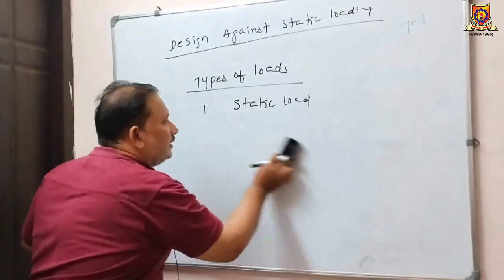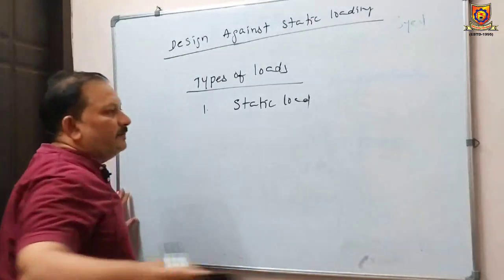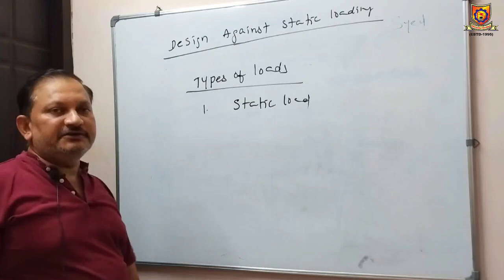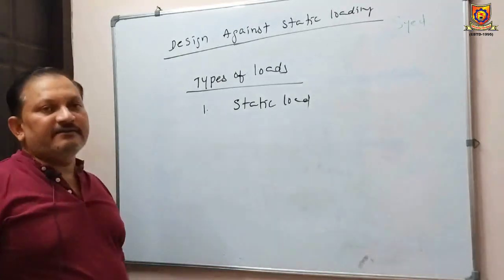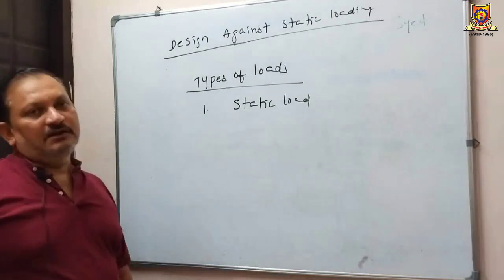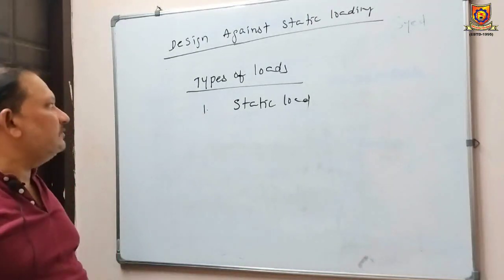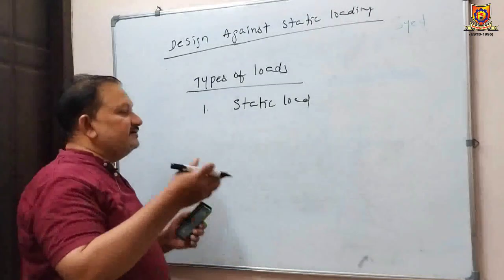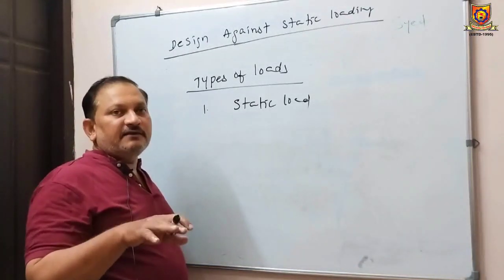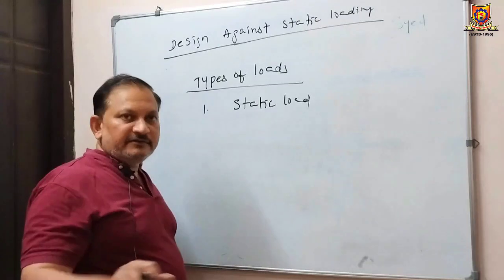Now, let us consider machine parts subjected to a static loading condition. Let us see what types of stresses are going to be induced if a component is subjected to static loads, or you can say steady loads. Here the magnitude and direction of the load is not going to change with respect to time.